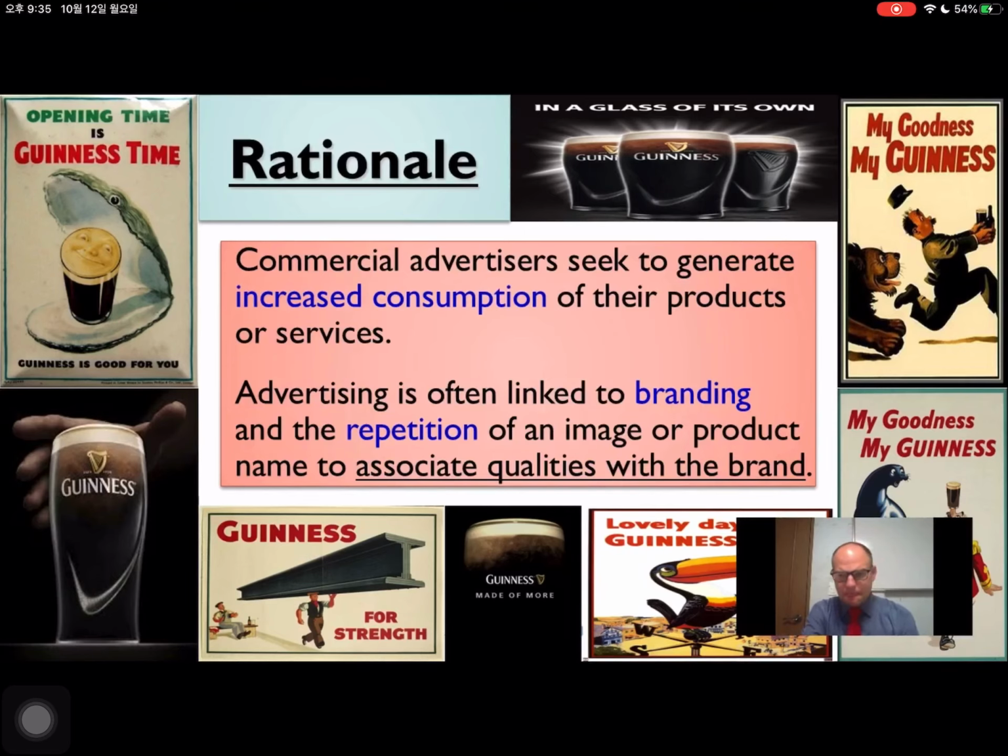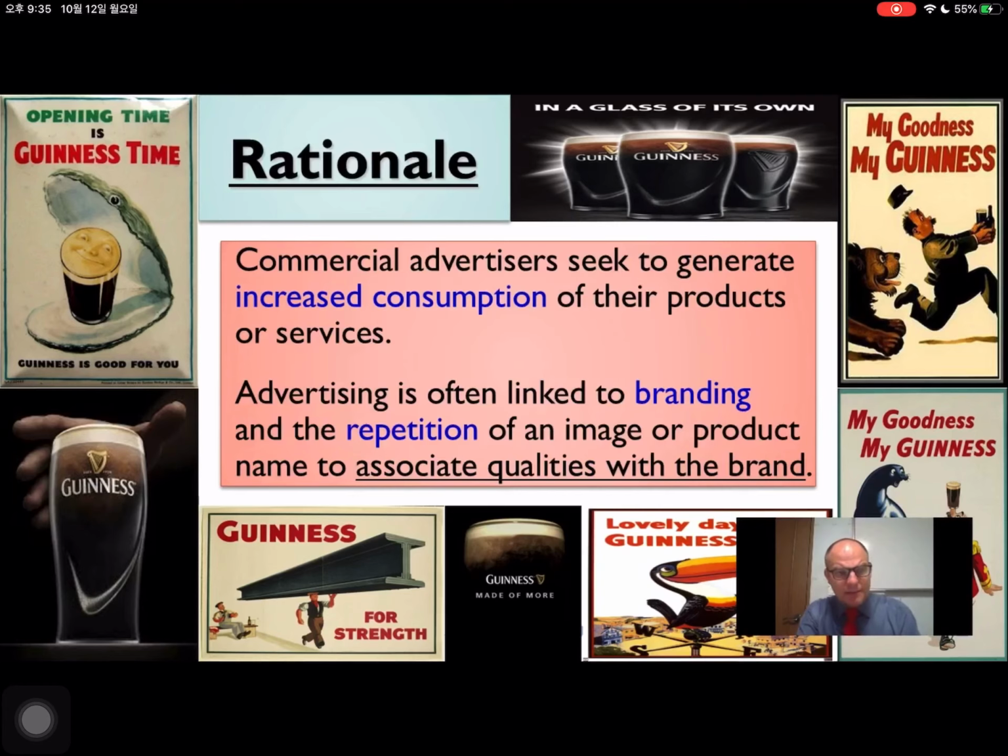I picked Guinness here because I really think Guinness are like masters at advertising. Guinness beer, long time ago, that advertising is obviously not static, it's completely changing.